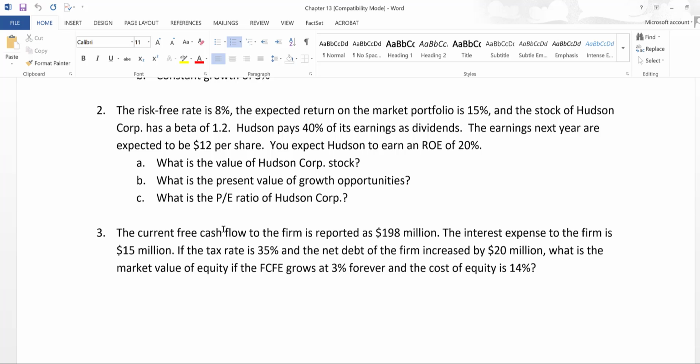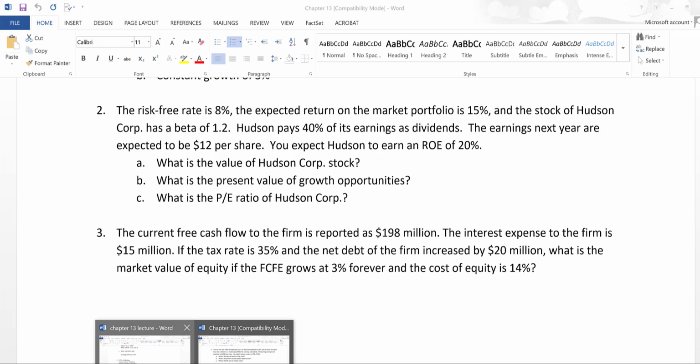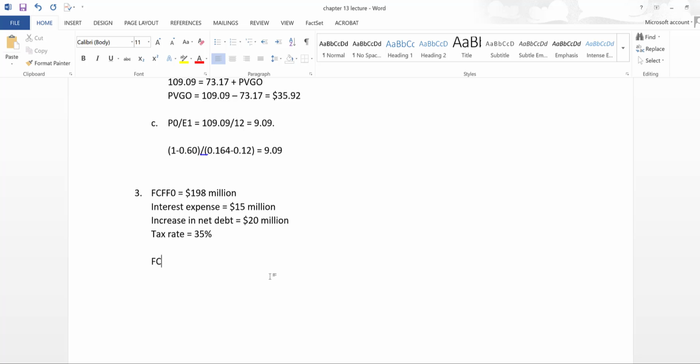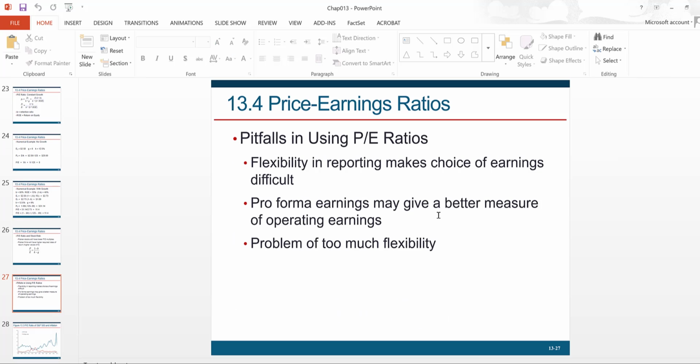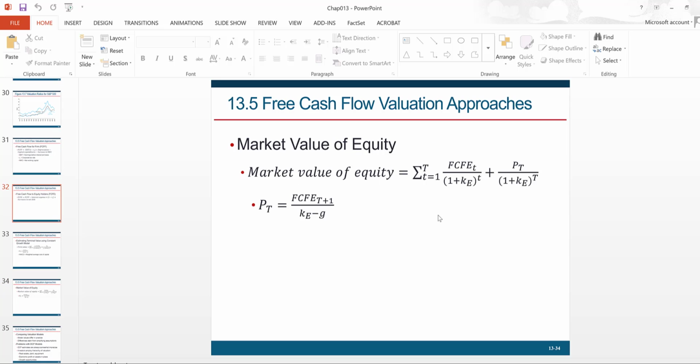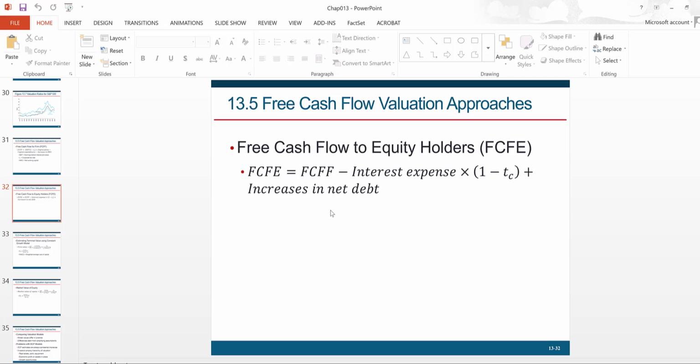So what we are given is FCFF, and the first thing that we need to do is compute FCFE. FCFF 0 is given, so FCFE 0 would be the first thing we need to calculate. Going back to the slides, here is our formula to get FCFE from FCFF: FCFF minus after-tax interest expense plus increase in debt.